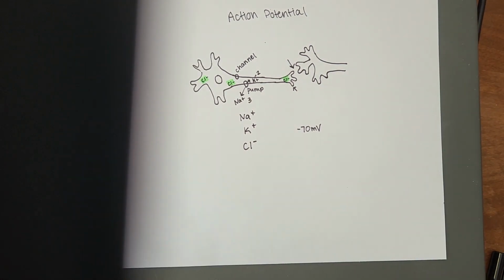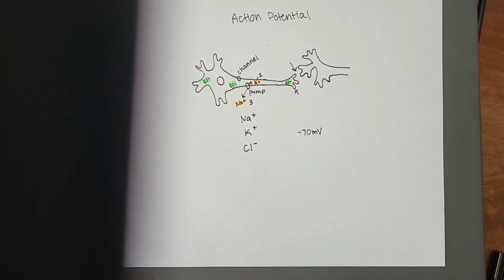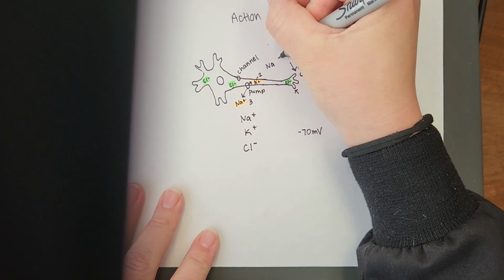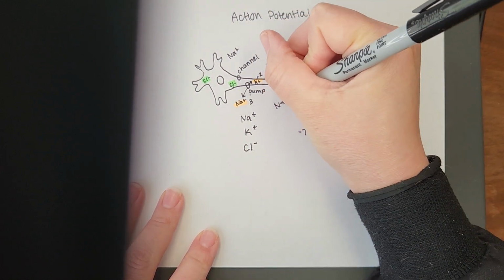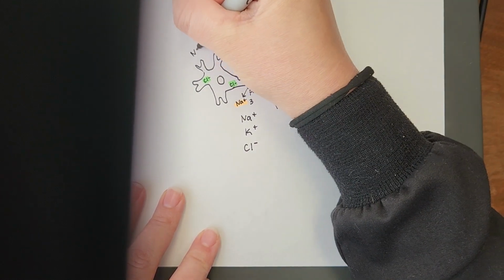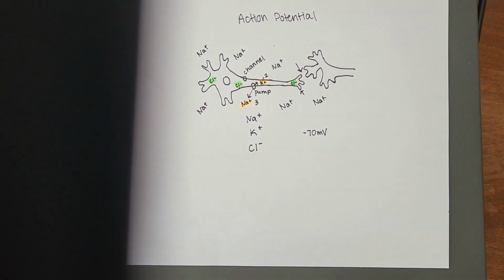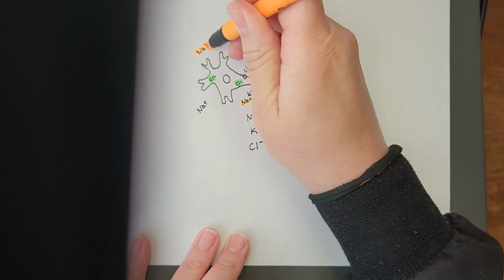I'm going to color those in orange so that you can see. So at rest, there's a high concentration of positive sodium ions in the extracellular matrix. So all of the juice that's around the cell. And it's mostly positive because those sodium ions are positively charged.